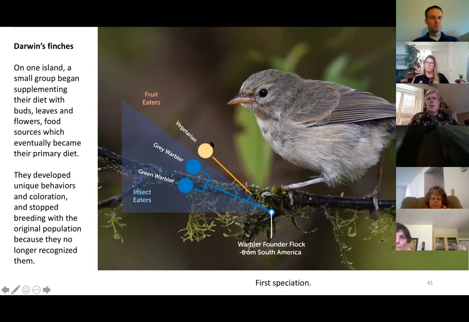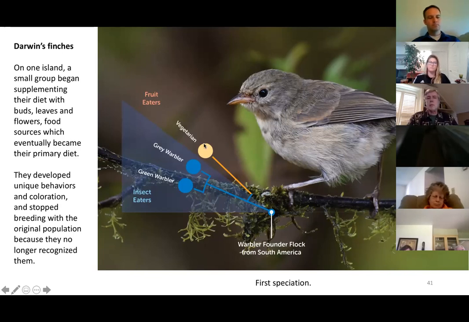Well, on one island, there were a lot of alternative food sources. There were fruit and flowers and other vegetarian food sources that they started to exploit.